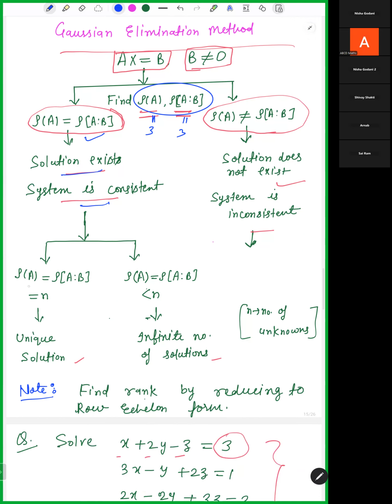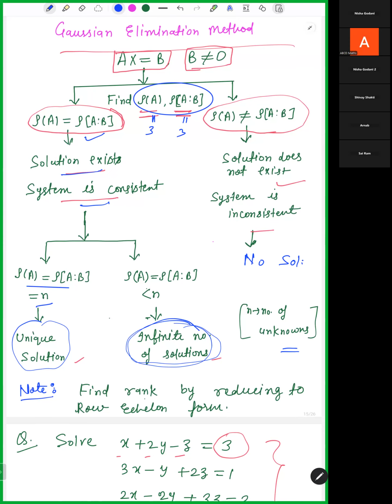If these ranks are the same and equal to n, the number of unknowns, then you have a unique solution. If it is less than n, then there are an infinite number of solutions.